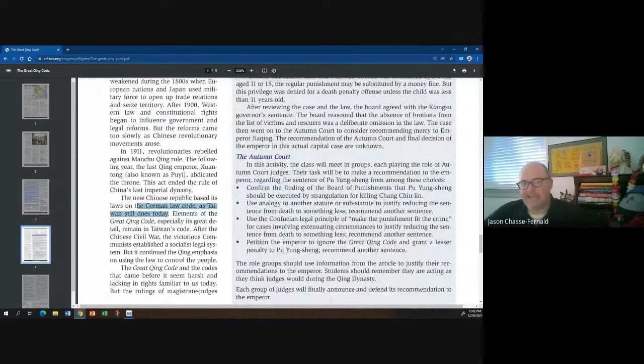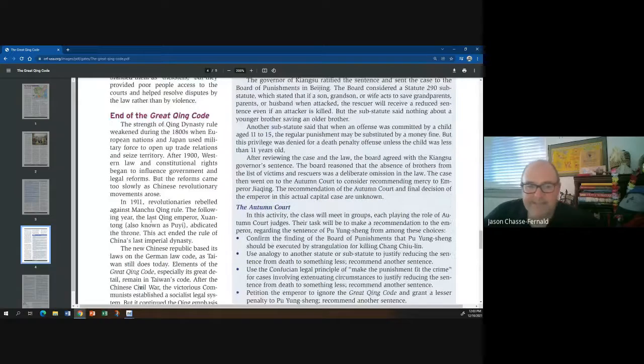We see after Sun Yat-sen, the Qing dynasty falls in 1911. We see the rise of the Chinese Republic under Sun Yat-sen initially, and so we do see an adoption of a German law code. Taiwan still applies this today, which makes sense because Chiang Kai-shek goes to Taiwan in '49, so that would be a perpetuation of that 1911 Chinese Republic.